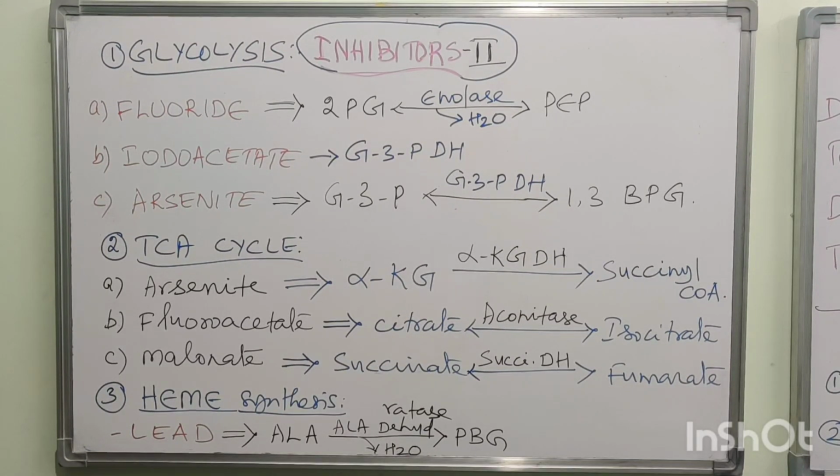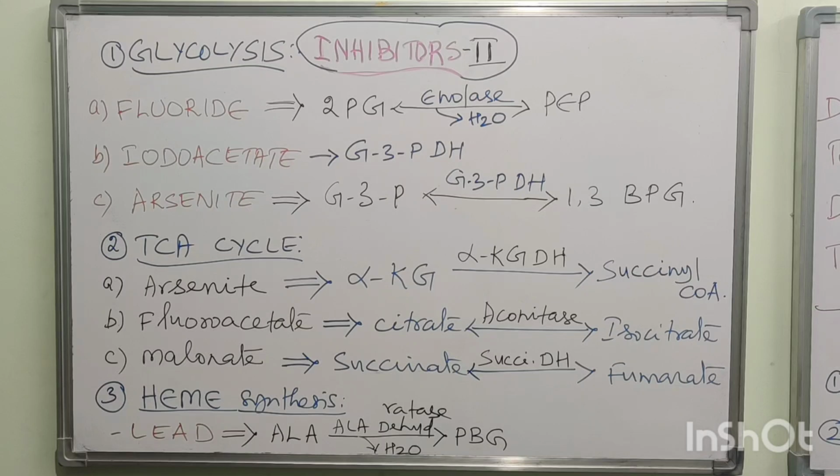In this inhibitors 2, the important 2 points are, number one is fluoride. Why do we add fluoride while collecting blood for the estimation of glucose, right? Suppose you want to estimate glucose from the patient, you have to take the test tube with fluoride for the blood glucose estimation. Why?